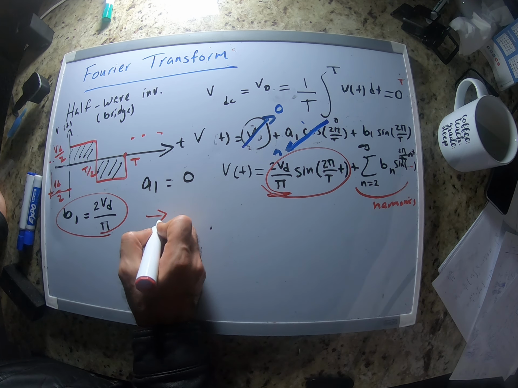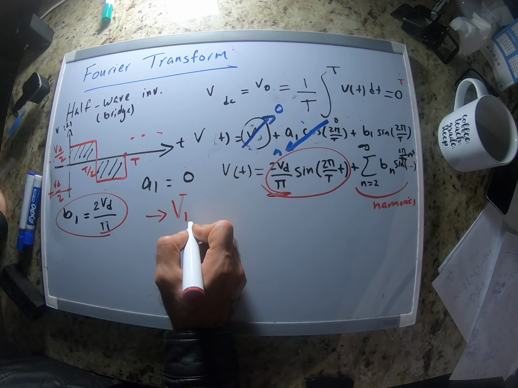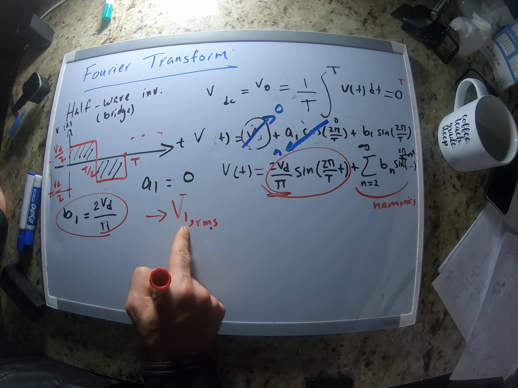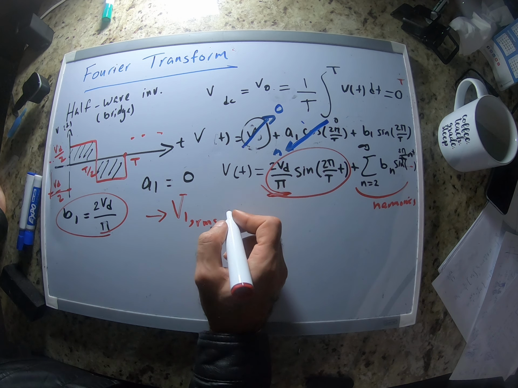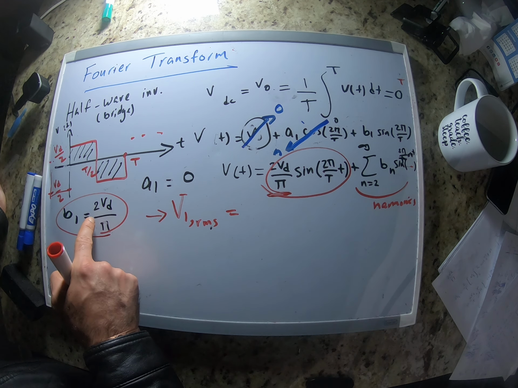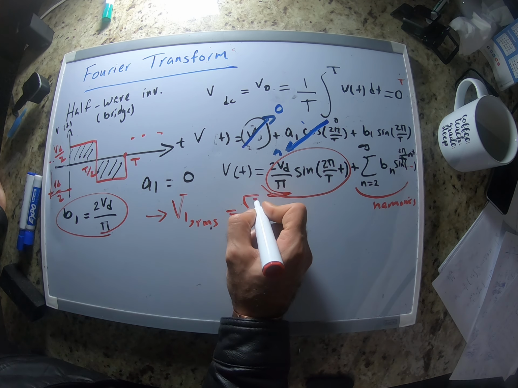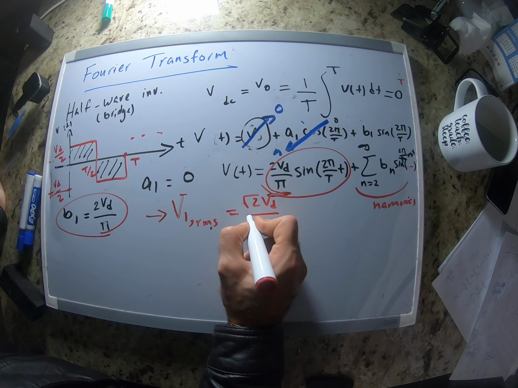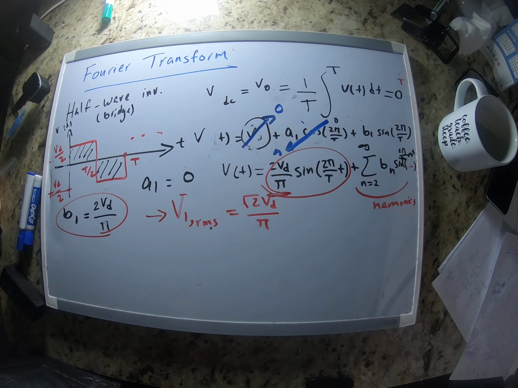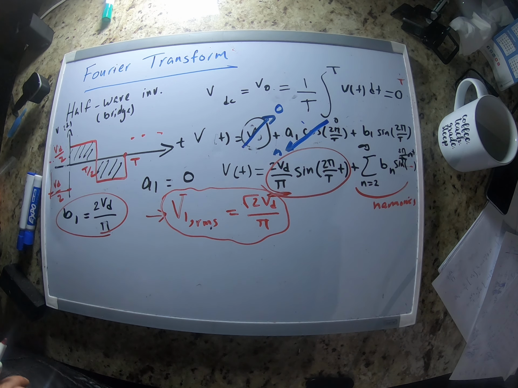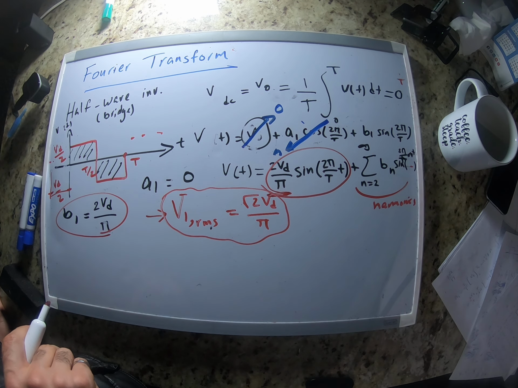So if I want to find the RMS, V sub 1 RMS, I have to divide this by root 2. So it becomes root 2 times Vd divided by pi. Okay, so this is what we have so far.